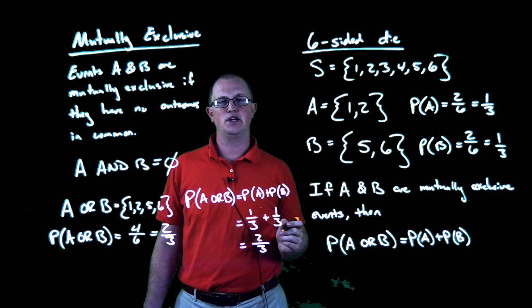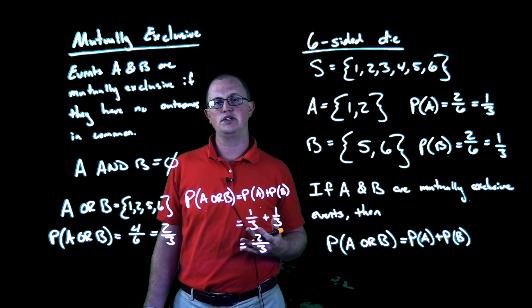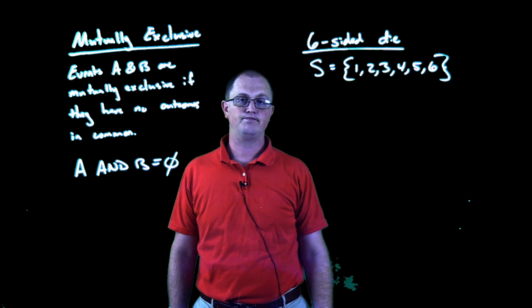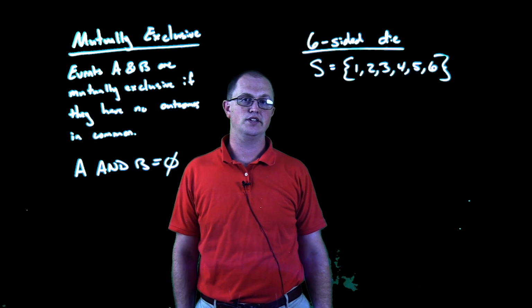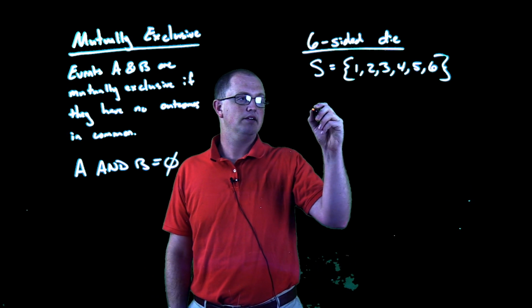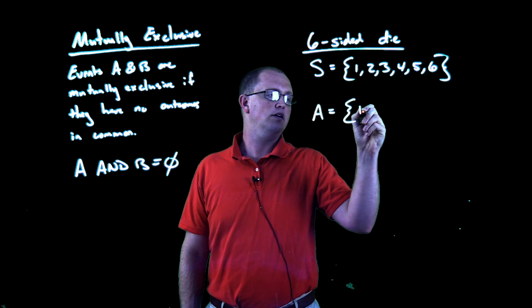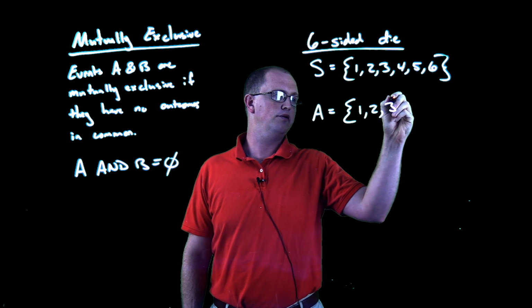But now let's take a minute and look at why the mutually exclusive part of this is so important. Okay, now let's define two different events, A and B. Let's define the event A to be getting a 1, 2, or 3.